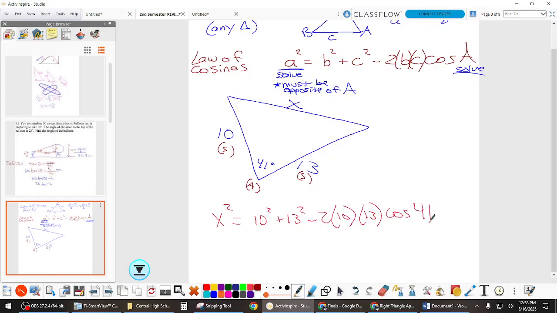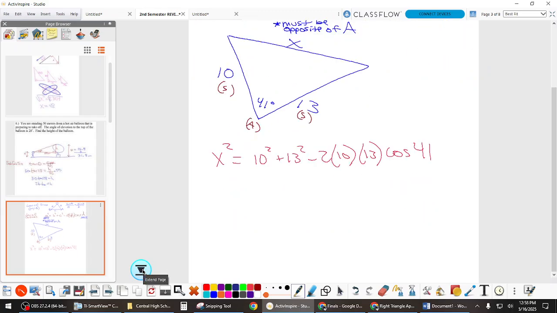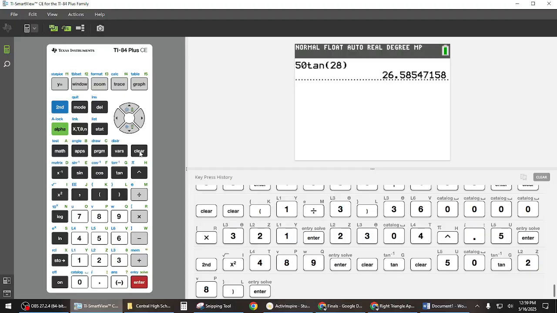And then this whole right side is just some number, right? You can actually plug that whole thing into your calculator if you want to. How do we get x by itself? Square root, yeah, so let me get that whole number and then we'll square root it.